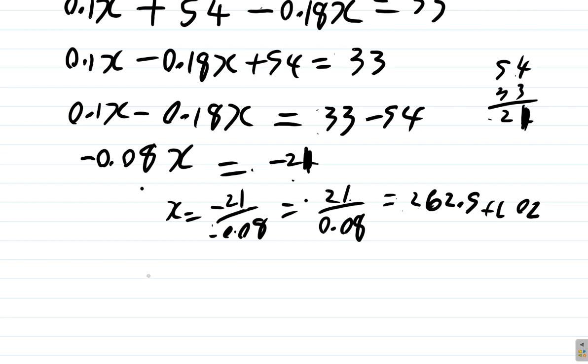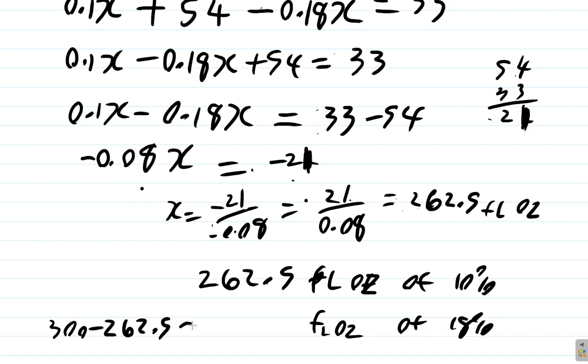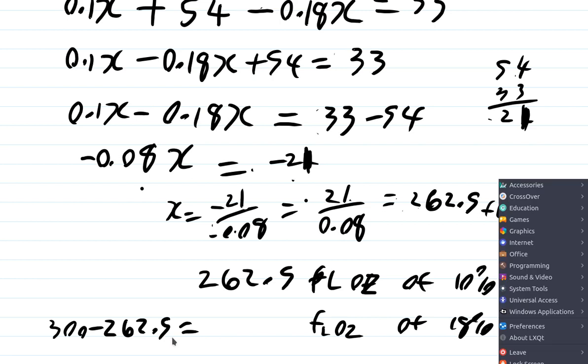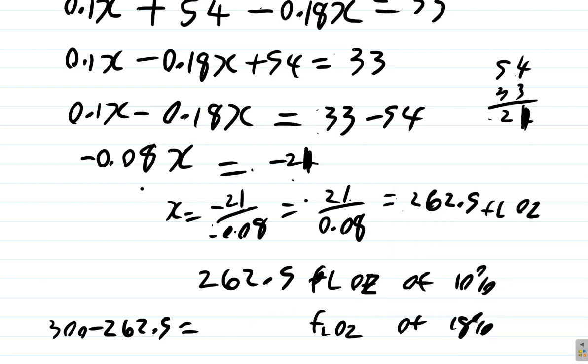Now for the remainder. So here we have 262.5 fluid ounces of the 10%. And then we have how much fluid ounces of the 18%? It's 300 minus 262.5, which is what? 300 minus 262.5.